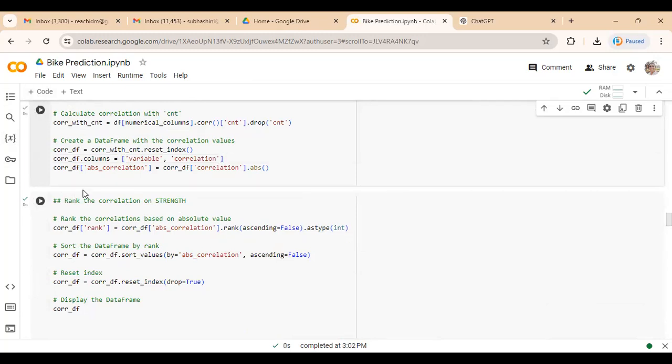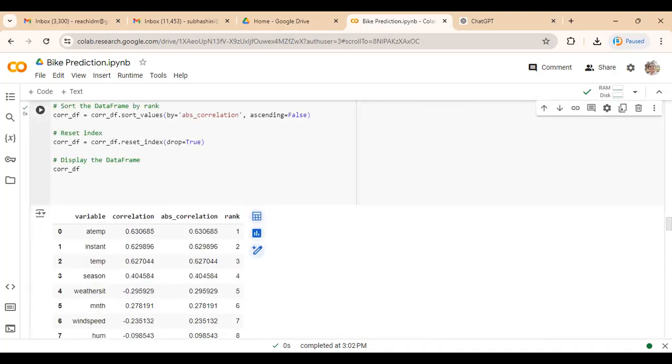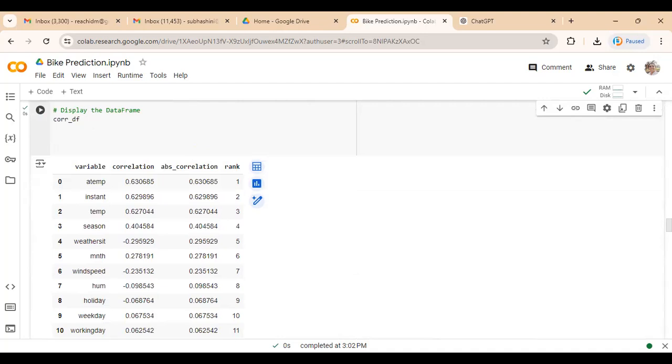To do that, we calculate the correlation only with count and then run a ranking code. So we say ascending is equal to false. Okay. So the maximum value has to be the first one, and display the values. So here you go, the most important value seems to be the maximum temperature.